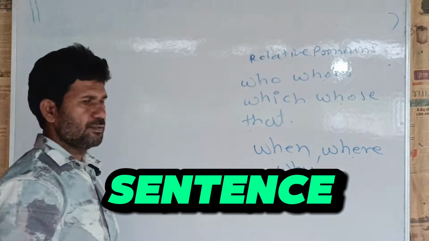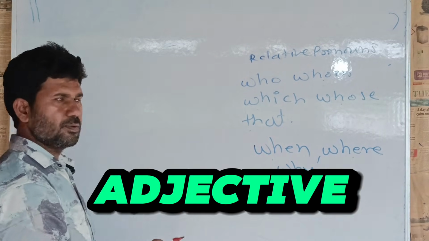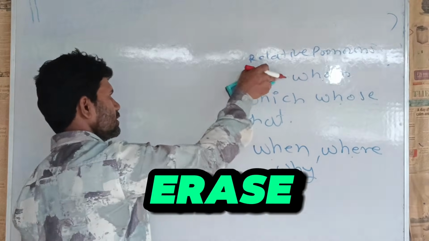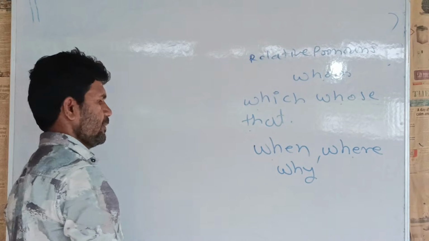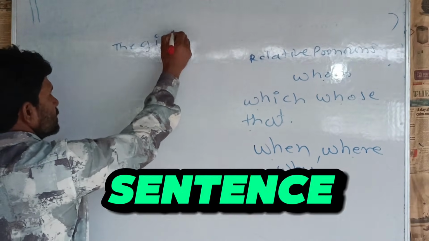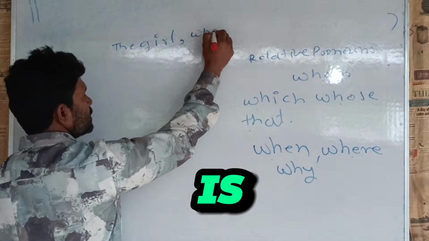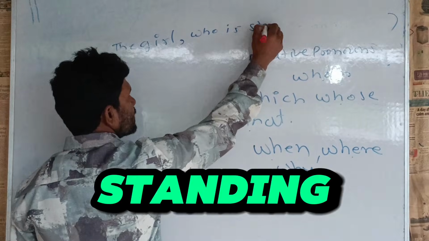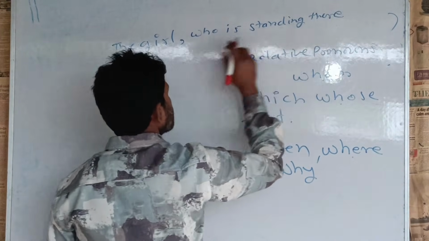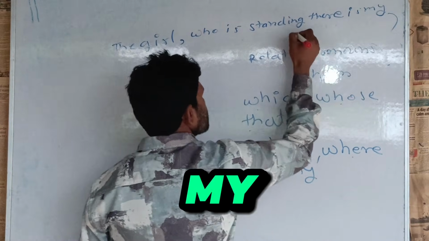Now we will make a sentence with each of these words starting an adjective clause. First we will go with the first word, who. The sentence goes like this: the girl, who is standing there, is my sister.